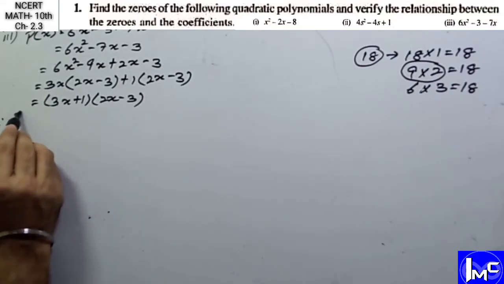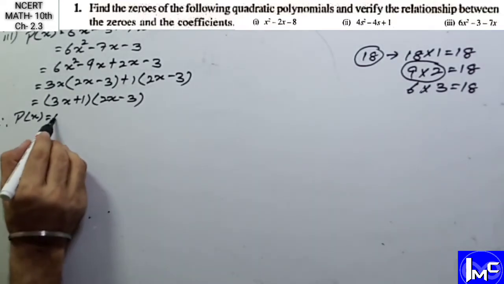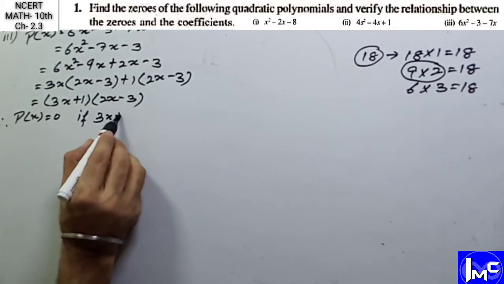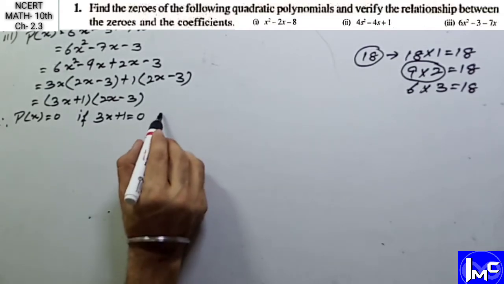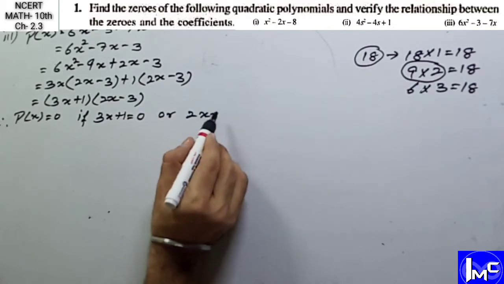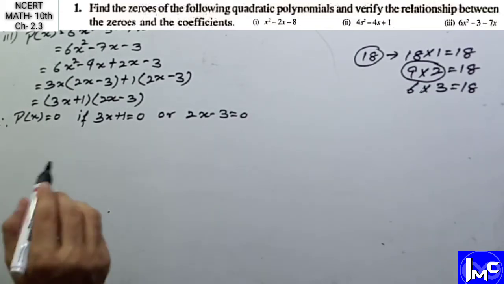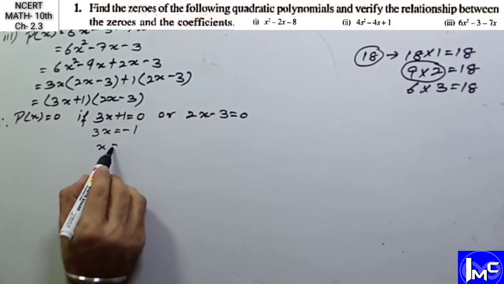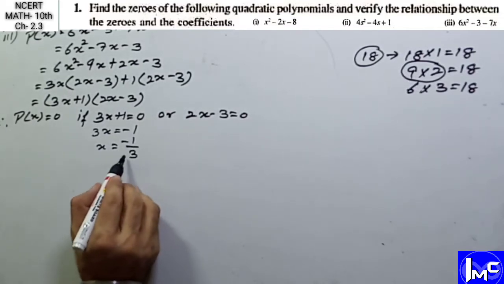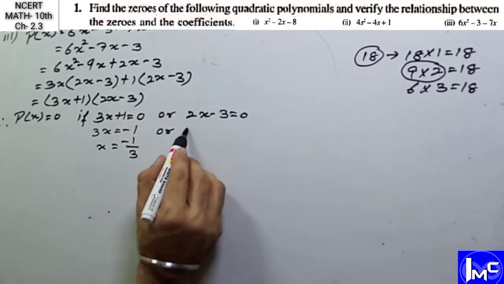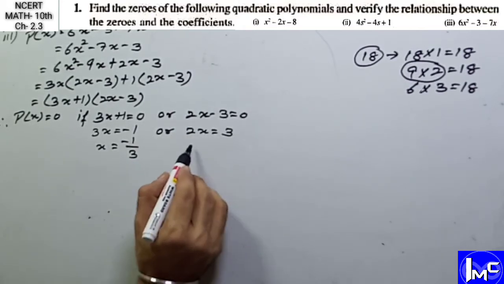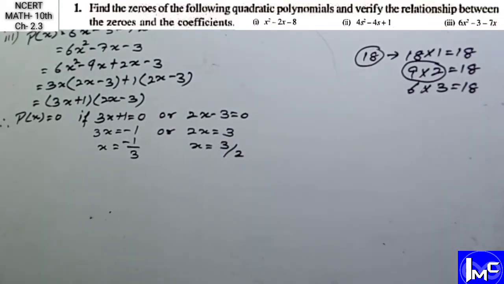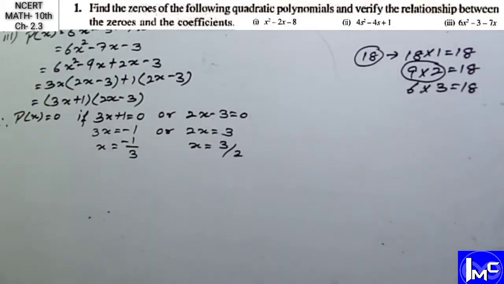Therefore this polynomial will be 0 if 3x plus 1 is equal to 0, or 2x minus 3 is equal to 0. 3x is equal to minus 1, x is equal to minus 1 by 3, or 2x is equal to 3, x is equal to 3 by 2. So these are the zeros of this polynomial.